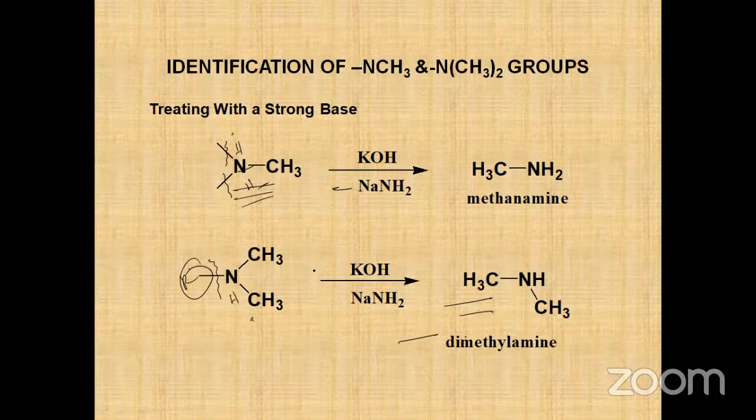At the same time, if it produces dimethylamine, that indicates the natural product may have an N,N-dimethylamine group. If it produces 2 equivalents of dimethylamine, that indicates the presence of 2 N,N-dimethylamine fragments. This is the identification of N-CH3 and N,N-dimethyl groups, methylamine groups.